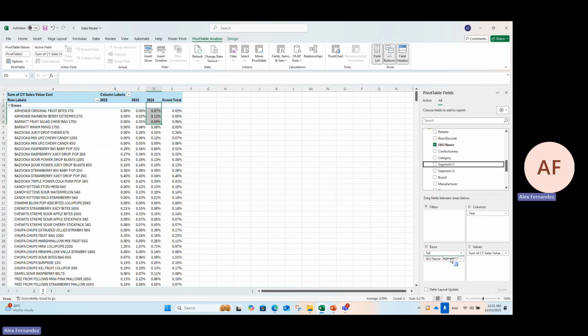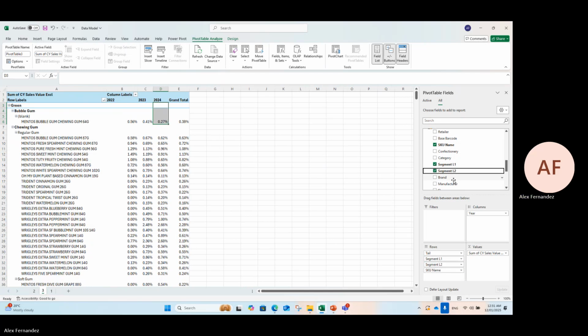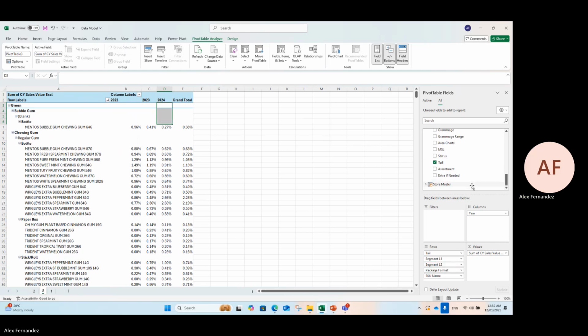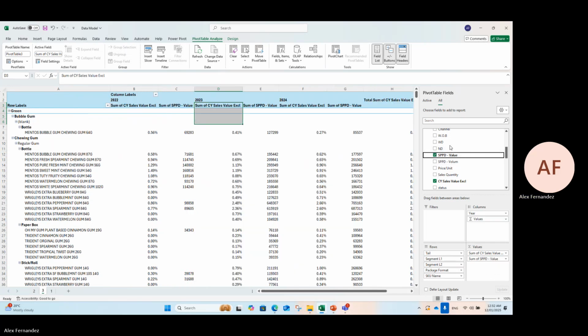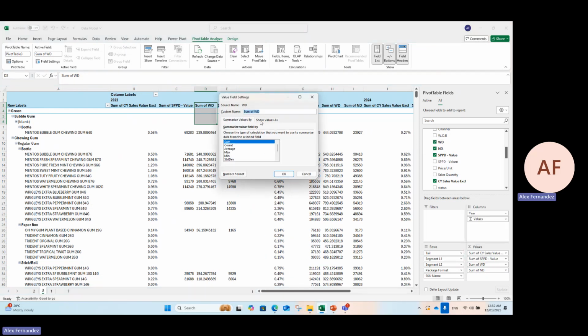We put the segments L1, L2, as well as pack format. And we put in the sales value, the SPVD, WD, and it should be average.